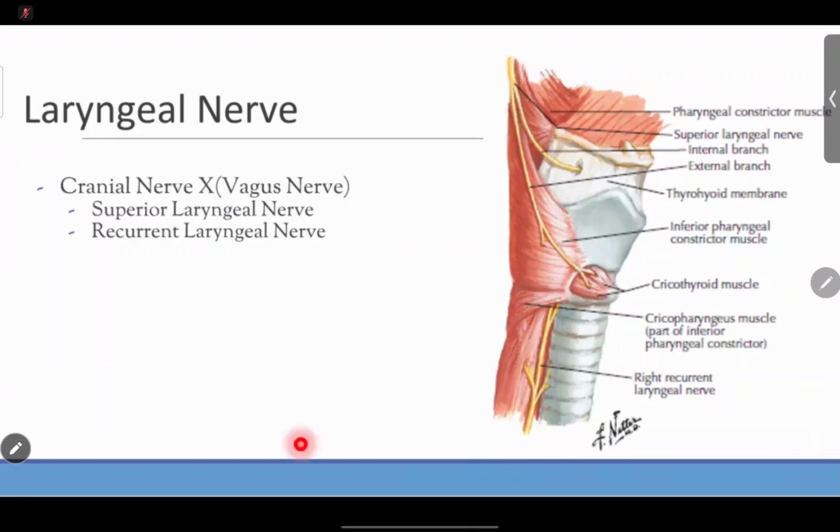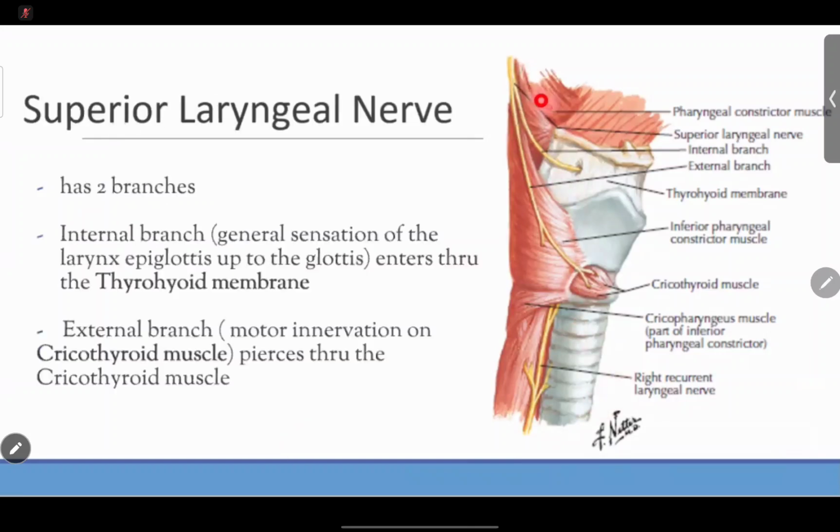Okay, let's start with the superior laryngeal nerve. It has two branches. You have your internal branch, which mainly provides sensation to the larynx. The area would be up to the epiglottis, up to the glottis.